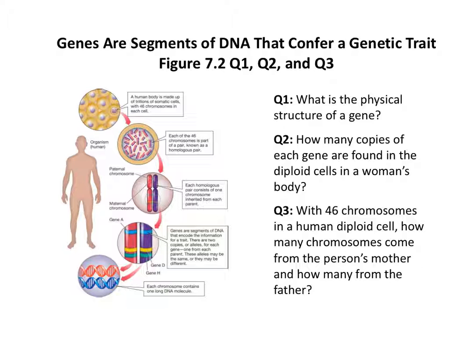In terms of offspring, her haploid eggs will have 23 single chromosomes, and the sperm will have 23 single chromosomes. Those 23, when they come together, have the same genes on each chromosome, but they may have different alleles.